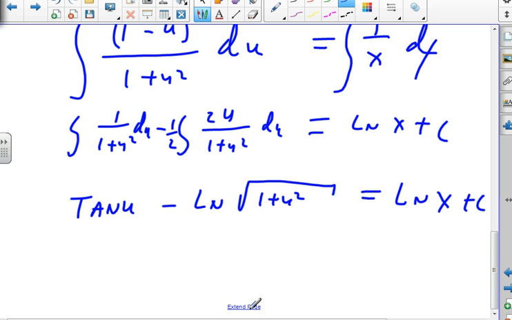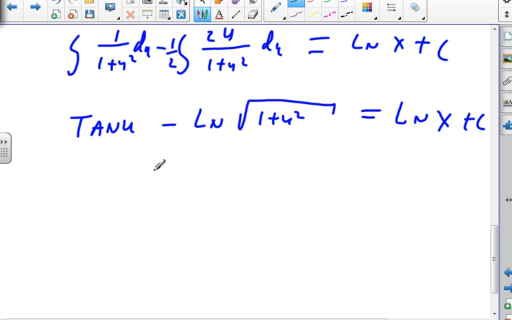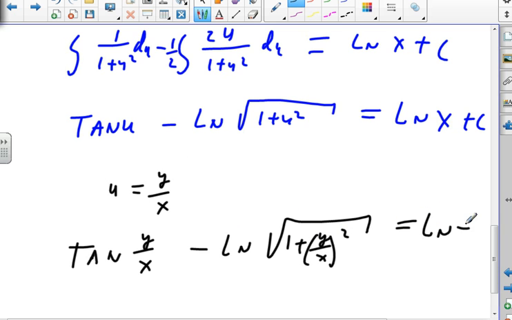Now I've solved the equation, and I'm going to resubstitute back in. So u is equal to y over x. I'm going to have natural log of y over x minus the natural log of the square root of 1 plus y over x squared is equal to the natural log x plus c.